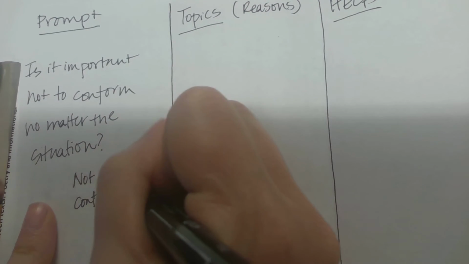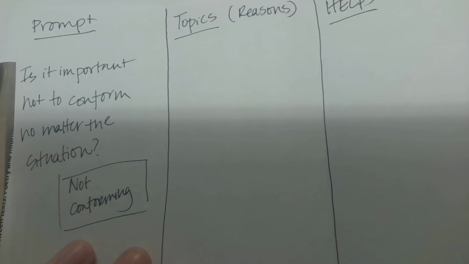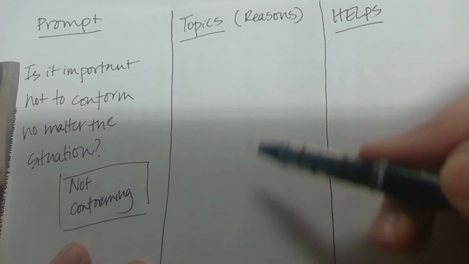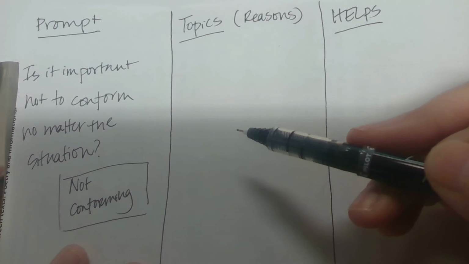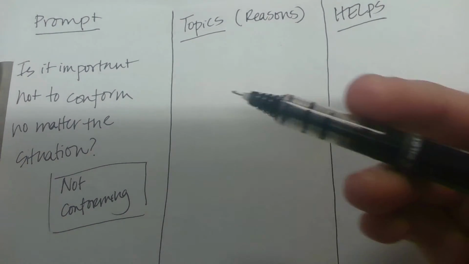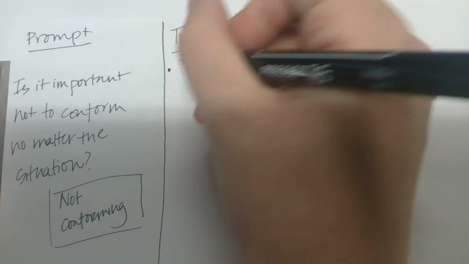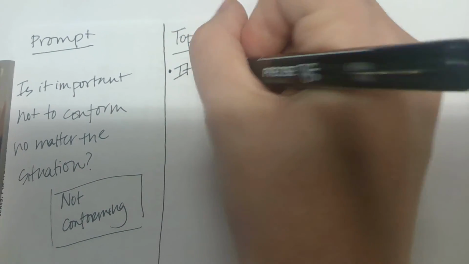Although if you're thinking that you're not exactly sure which side you want to go on, it might help to go ahead and brainstorm some reasons for both, and then you can decide which one has the stronger argument. Okay, so some of my reasons for not conforming are: it is important to be an individual.